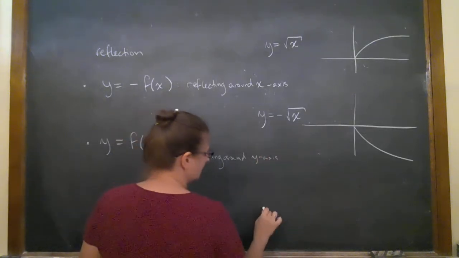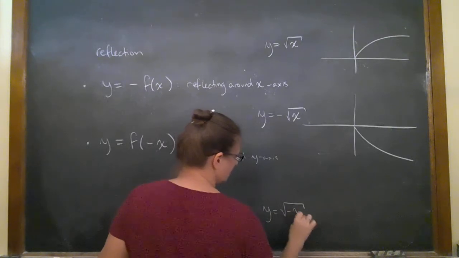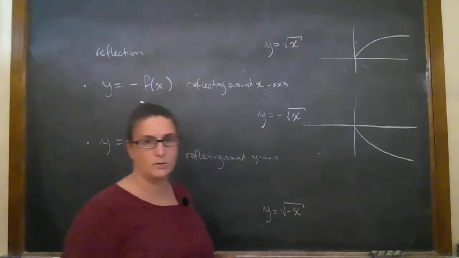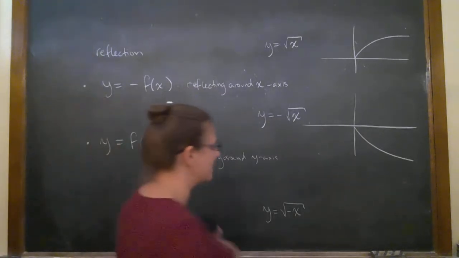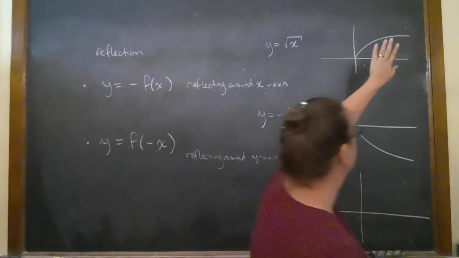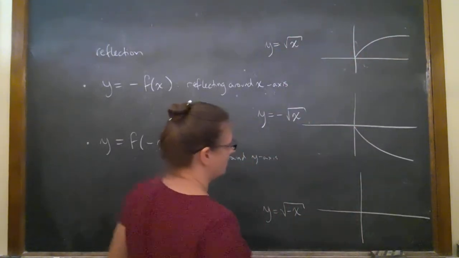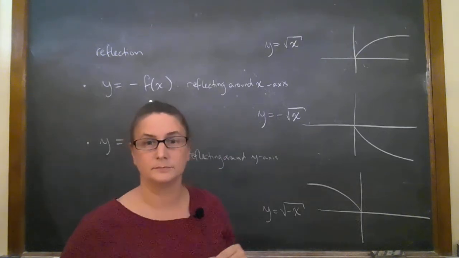And so this looks a little bit weird now. If I write it down here, because it looks like I'm taking the square root of negative x, well, that only makes sense if x is negative, right? So that then again reminds us that what we're going to do is take this and reflect it around the y-axis. That graph now looks like this.